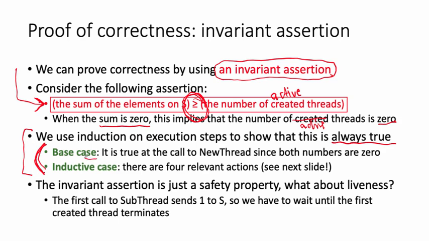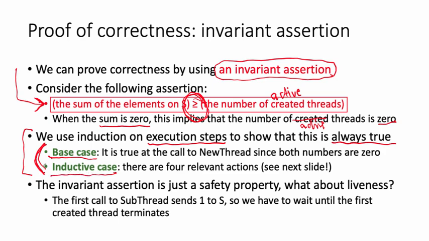So the base case: we will look at execution steps. The program starts executing, and it will do steps. In the very beginning, it's true because both numbers are 0. There's nothing on S, and we have not created any threads yet. And then there's the inductive case.